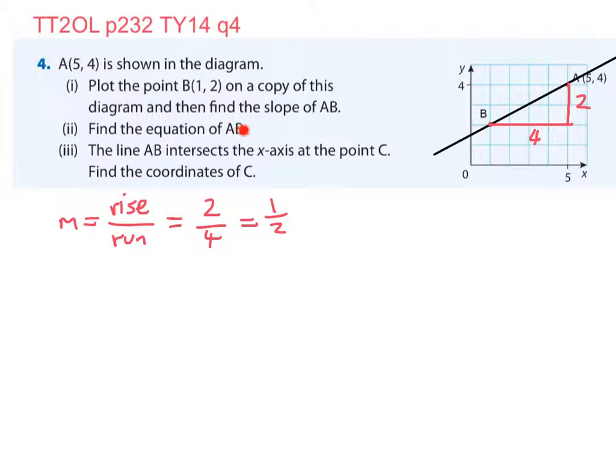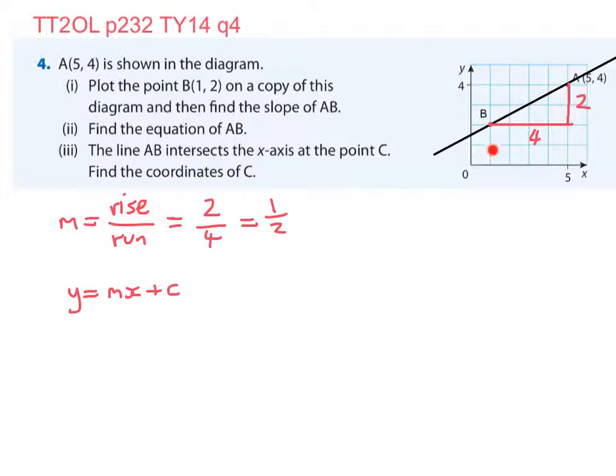In terms of the equation of the line AB, well, we know our slope, so we've got 2 options. First option is to think about the idea of an equation being y equals mx plus c, and we can see here that the slope is a half.